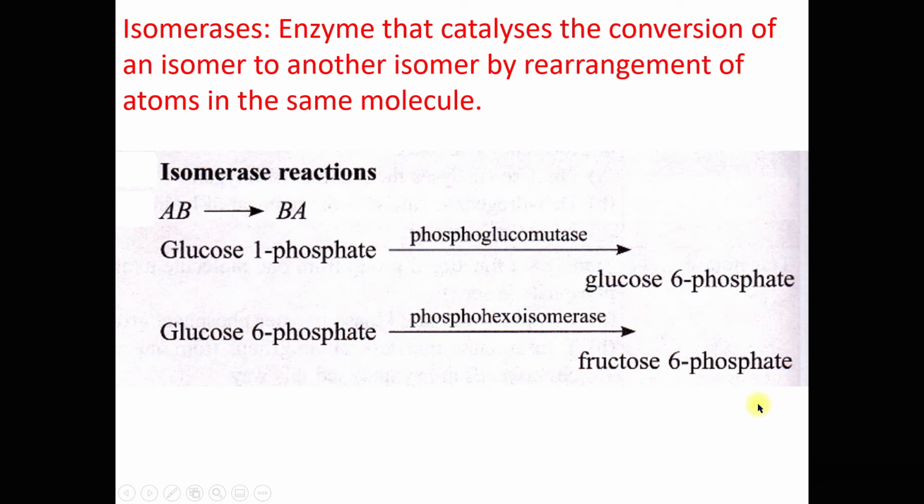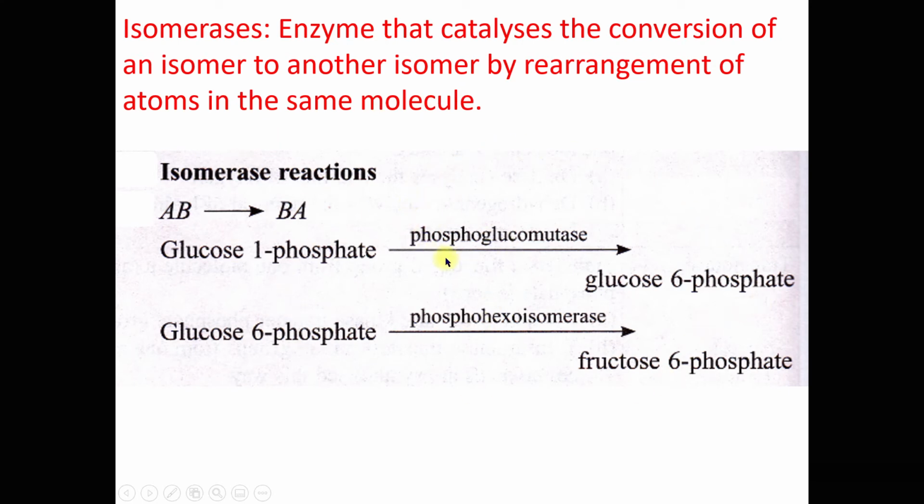Okay, next we have isomerase. Alright, so isomerases are enzymes that catalyze the conversion of an isomer to another isomer by rearrangement of atoms in the same molecule. So now these are examples of isomerase reactions.